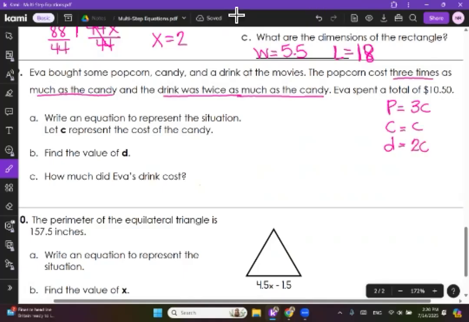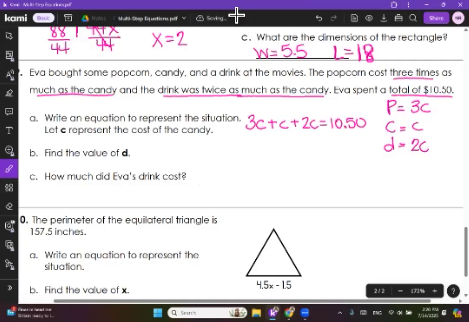And candy is obviously just candy, right? Now, it says the total of it was $10.50. So let's add it up. To find the total, you add everything up. We get $10.50. It says find the value of D.